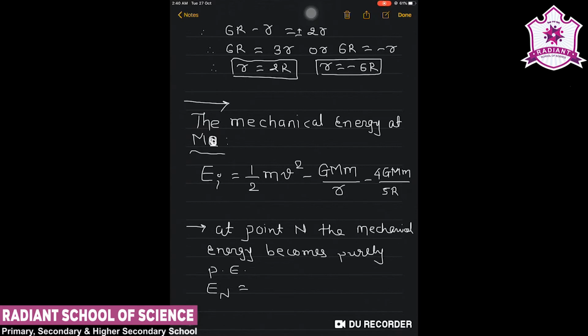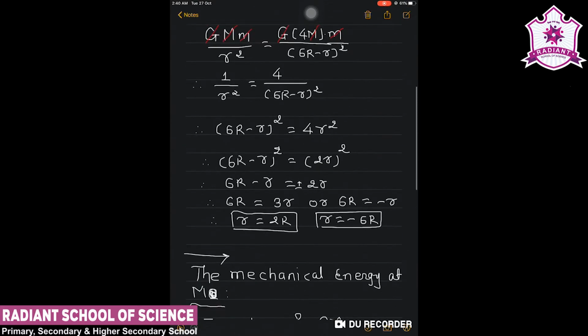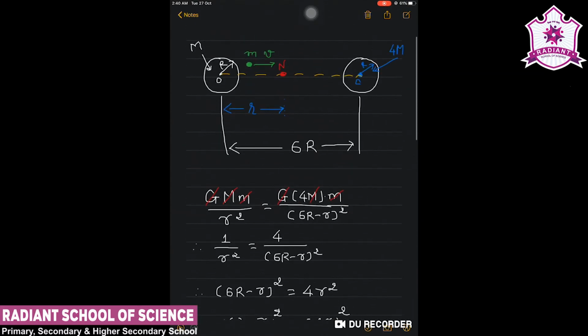So the potential energy at point N, here we have to see this in the figure, that the potential energy at point N, that is at the red point, is equal to G M m over small r, that is 2R.